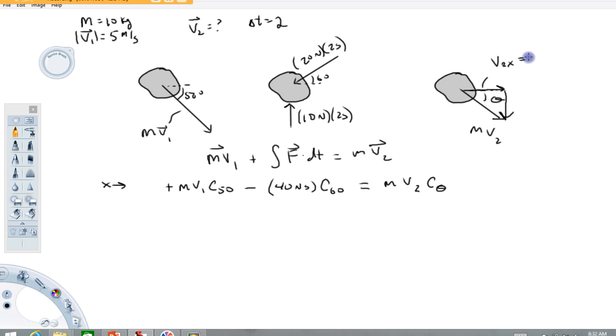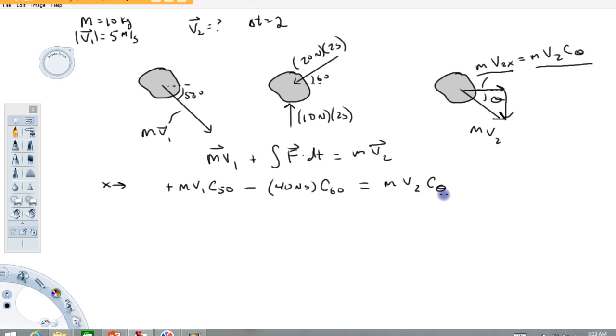Its magnitude is equal to mv2x, so this thing would equal mv2 cosine theta. In our equation, whether we put mv2x or mv2 cosine theta depends on the problem. Sometimes one is more convenient than the other. I'll come back to that. For now, I'm going to put mv2 cosine theta.